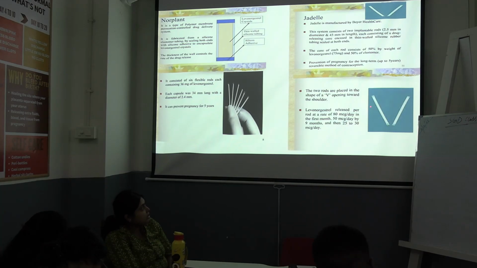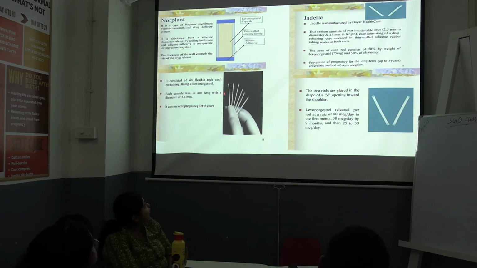Total core contains 75 mg, whereas Norplant contains 36 mg. Both can be used for up to 5 years. The only difference is 6 rods versus 2 rods, 36 versus 75. You can remember it like this: 6 for 6, 6 rods and 36 mg of levonorgestrel.